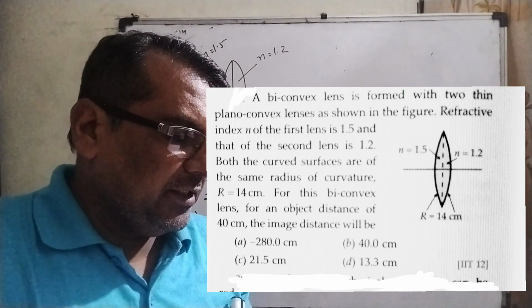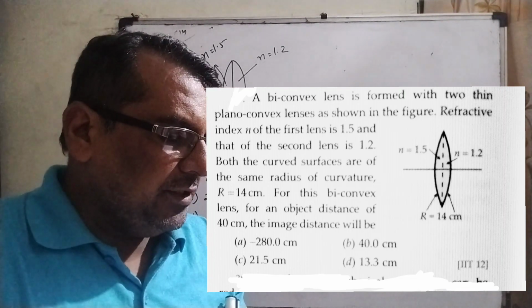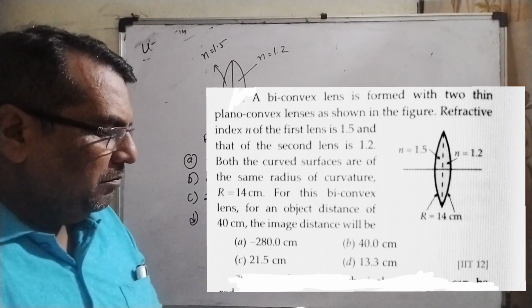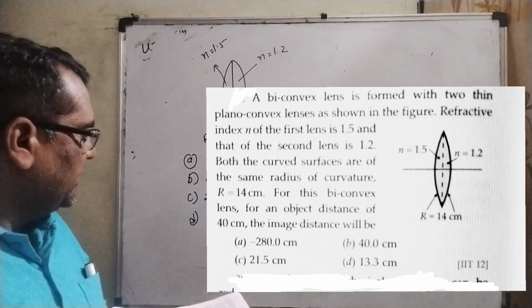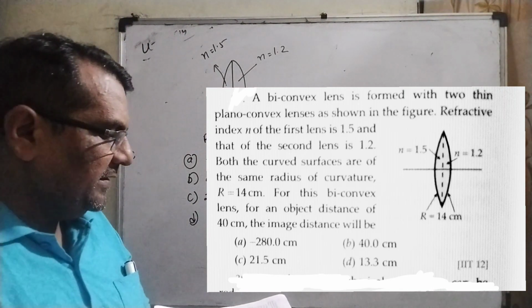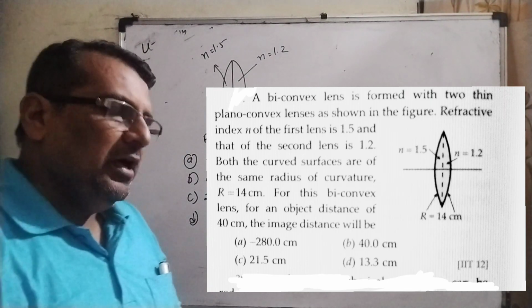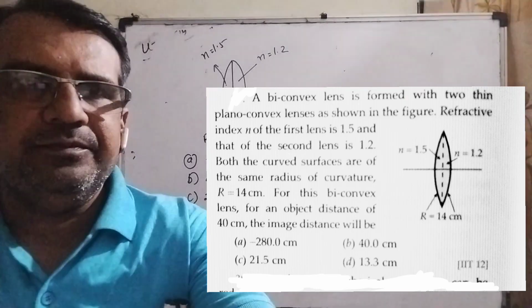For an object distance of 40 centimeter, the image distance will be, you have been given four options. A equal to minus 280 centimeter, B option 40 centimeter, C option 21.5 centimeter, D option 13.3 centimeter, and this question was asked in IIT 2012.